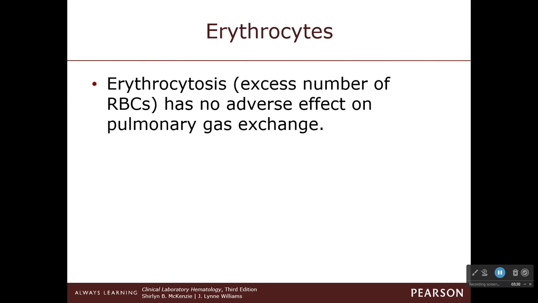So normal RBC count, and I'm going to round it off, is anywhere from like 4 to 6 times 10 to the 6, which is million per millimeter cubed, or a microliter, okay? That's a good RBC count that would cover males and females, okay?